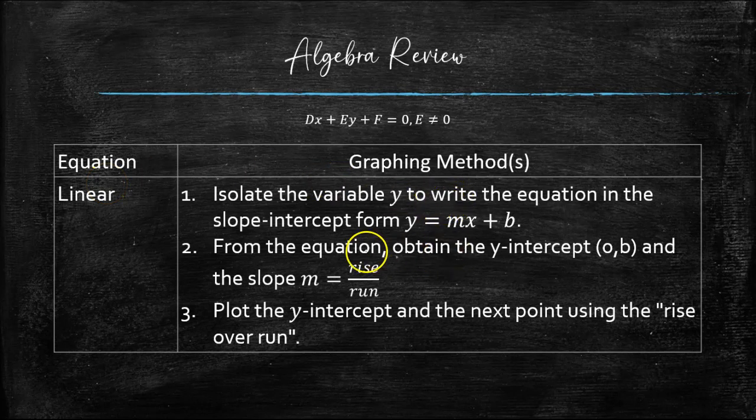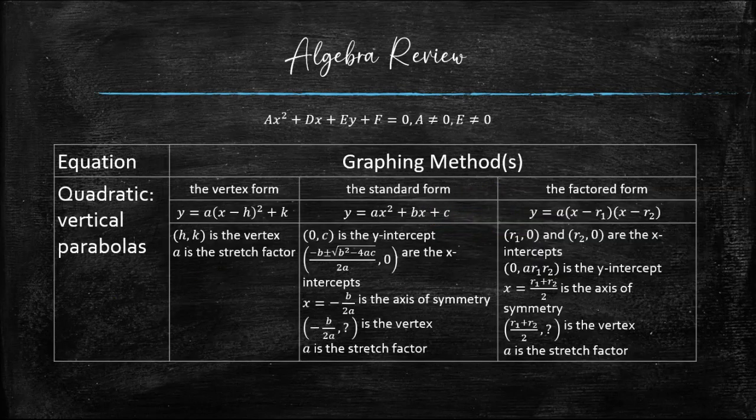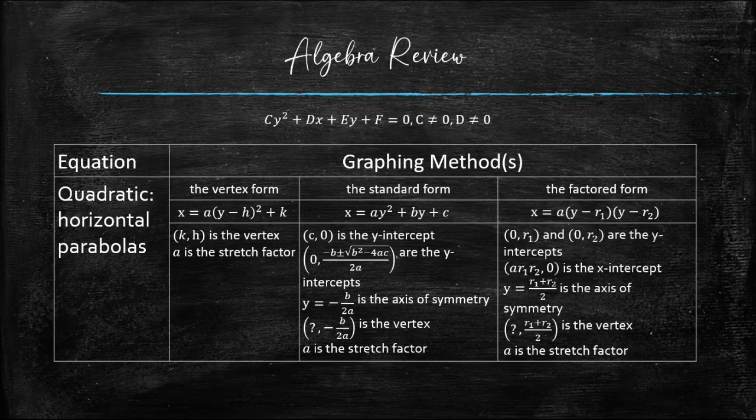So to solve a linear equation, or rather to graph a linear equation, we isolate the variable y and then use the slope-intercept form. To graph a vertical parabola, or to solve this quadratic equation, we can rewrite it in one of the three different forms, vertex, standard, or factored, and then use these steps to produce the graph. Similarly, we can graph horizontal parabolas.